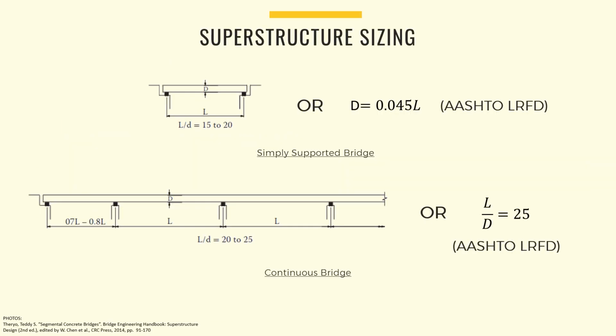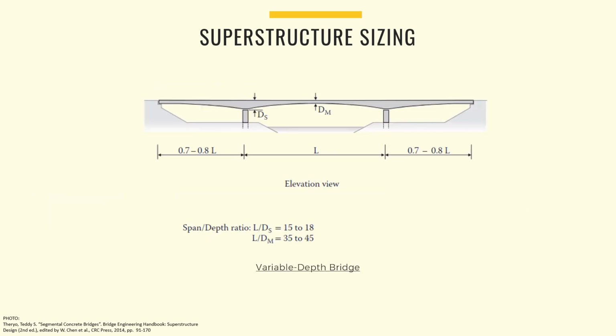Here are some common estimates used when determining preliminary constant depth sizes. The equations at the right are estimates from AASHTO LRFD. Additionally, here are the common estimates for variable depth bridges. Note that these are all estimates and the final sizing of your sections will depend on your design and other factors.